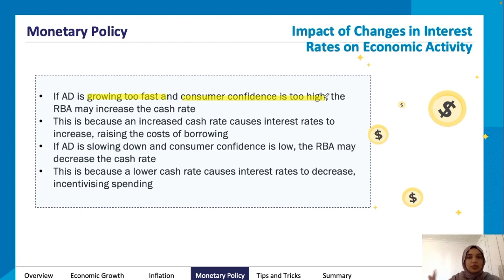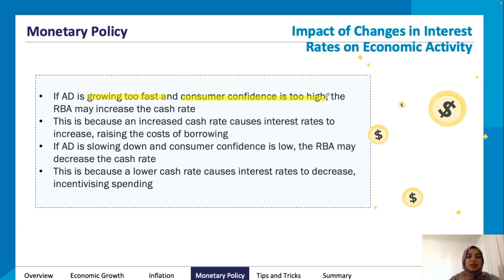Again, it's the job of the banks, or the role of the banks, to see if they would like to pass it onto the interest rates, which they normally will because it's a cost for them rather than a benefit, which you see with lower rates. This is because an increased cash rate causes interest rates to increase, right? Because they're passing it on. And that raises the cost of borrowing for consumers. So that's actually going to disincentivize or discourage spending in the economy.